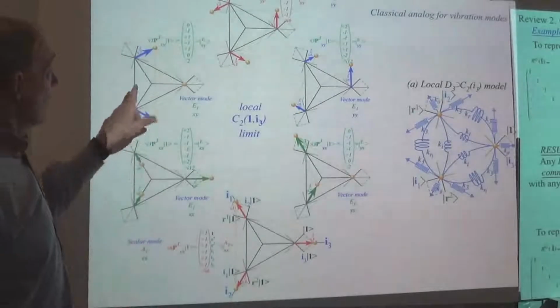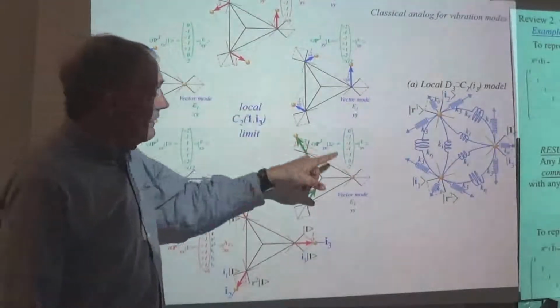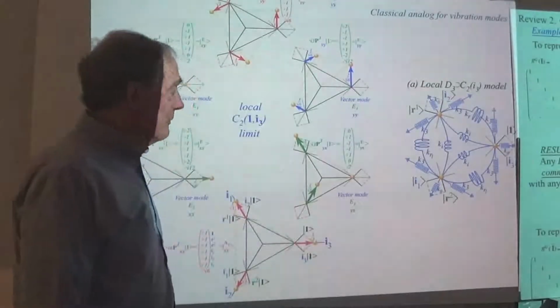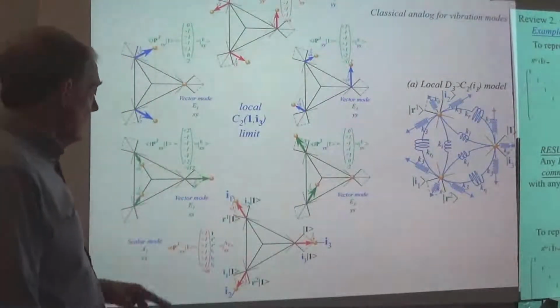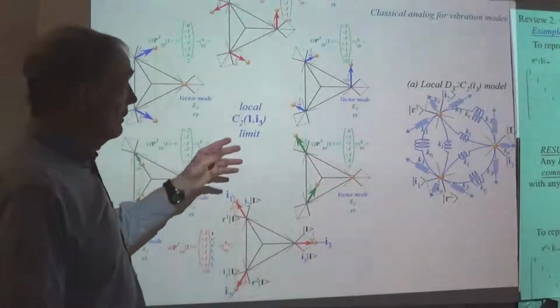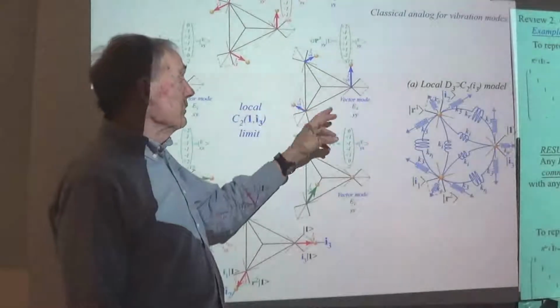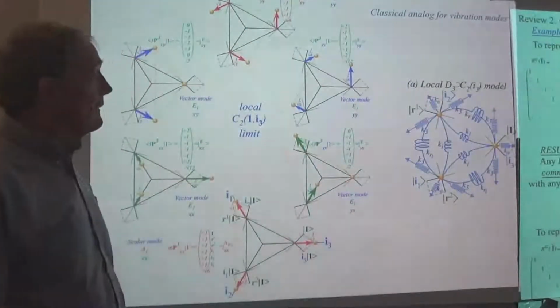Then here are the guys that are both, and they have no motion going on at the clash points. And then here's the case where it's totally symmetric, but not trivially so. And this one's totally anti-symmetric and not trivially so, as is this one. So we're going to be talking about that.